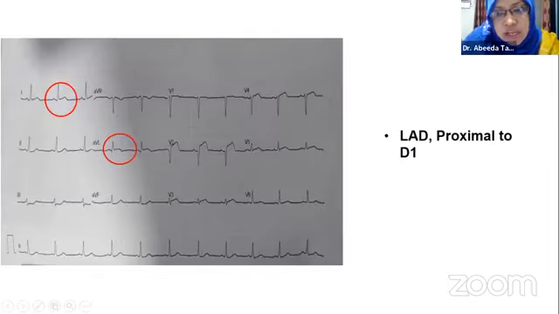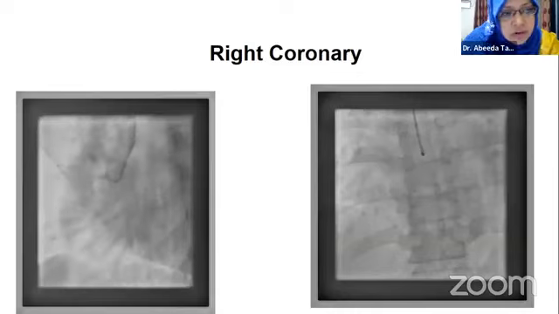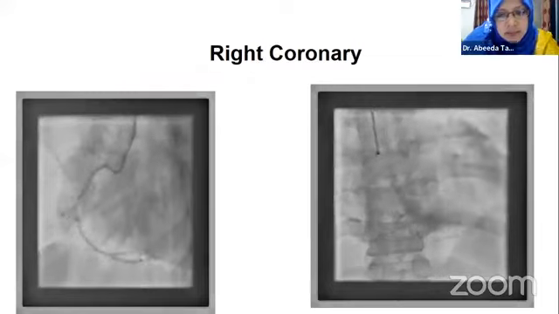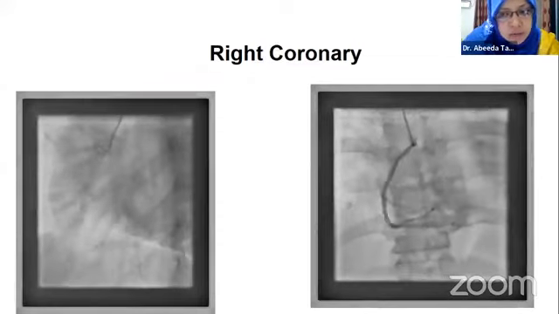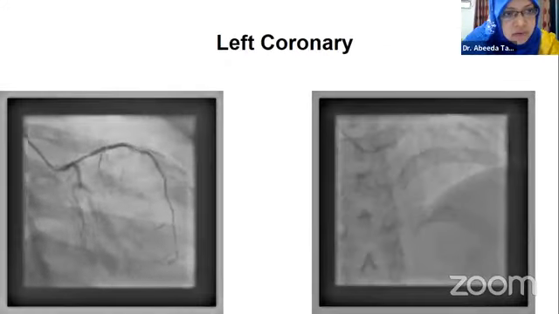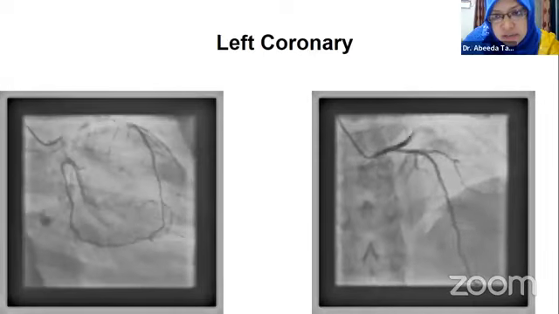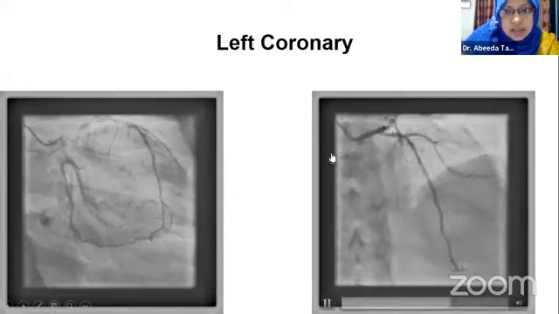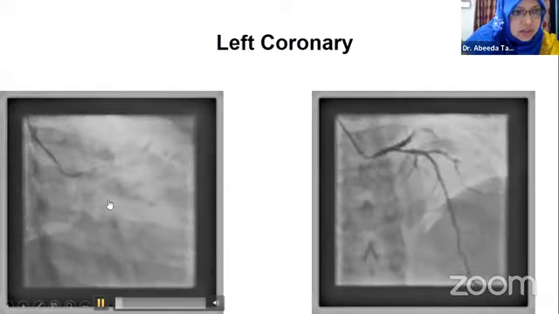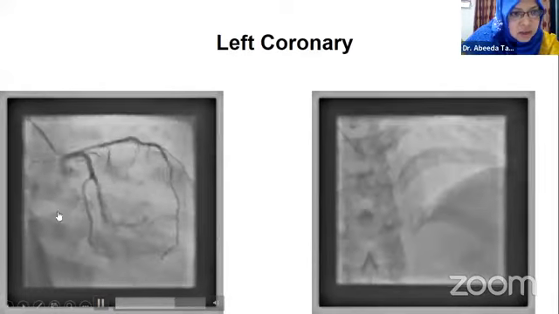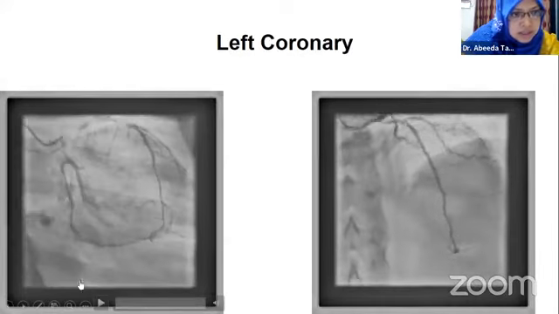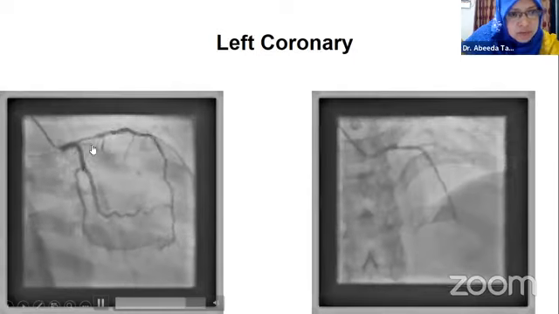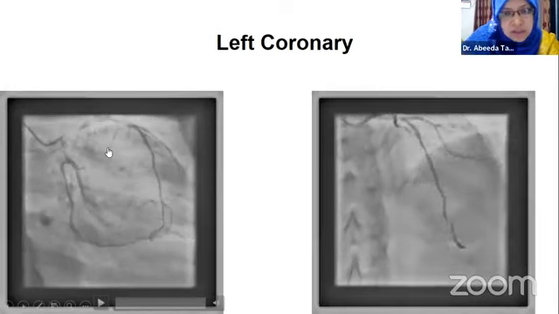So we did the right coronary angiogram and RCA was fine. It was a dominant artery with good flow. Here we see the left coronary artery, and in both views the left main is normal, but there is some stenosis in the proximal part, not very significant, 30 to 40%.